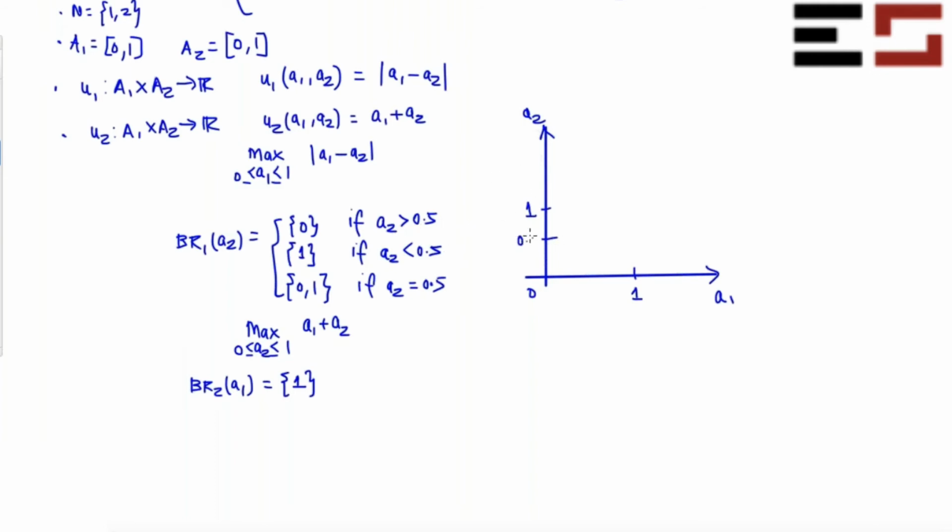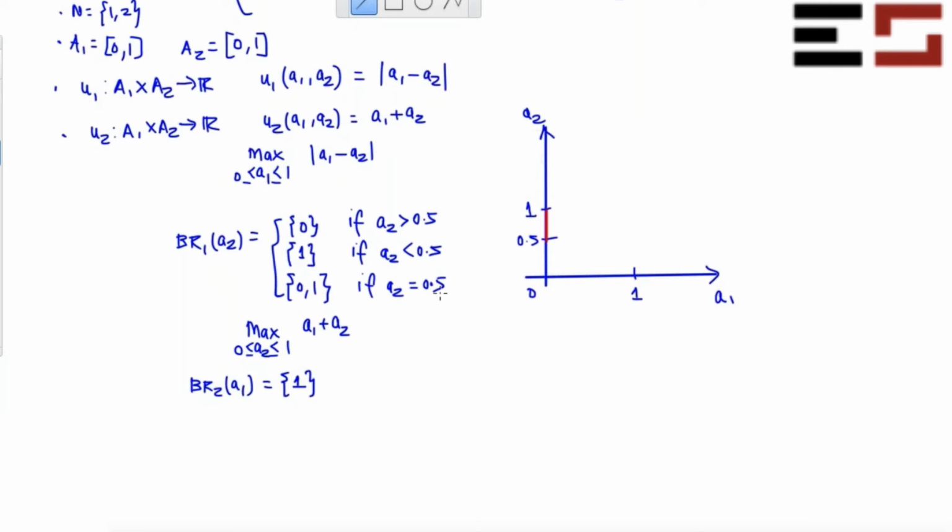I'm going to put 0.5 here. When a2 is greater than 0.5, player 1 is going to choose 0. Let me use red color to plot the best response of player 1. So when a2 is greater than 0.5, a1 is 0. So it's a straight line like this.